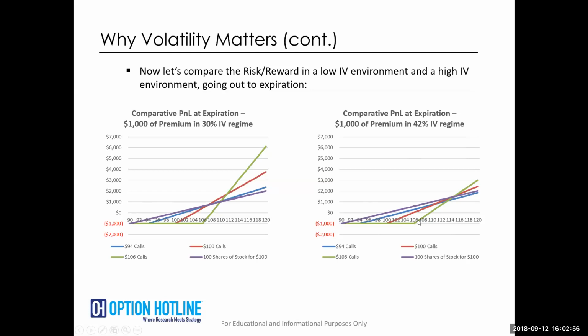Same idea here. We rallied to 107. I've lost $2.50 on my 3 lot. So I lost $750 even though I was right on the direction. It's painful. So I try to improve my odds by getting cheap implied volatility. Then that big move helps offset the smaller moves and it kicks in earlier.